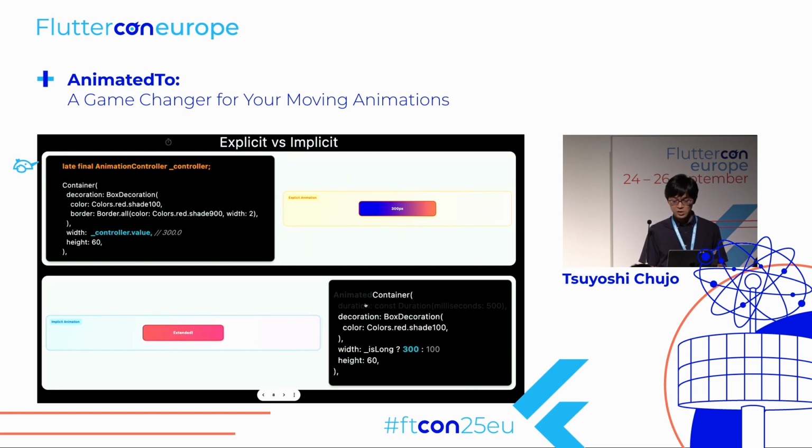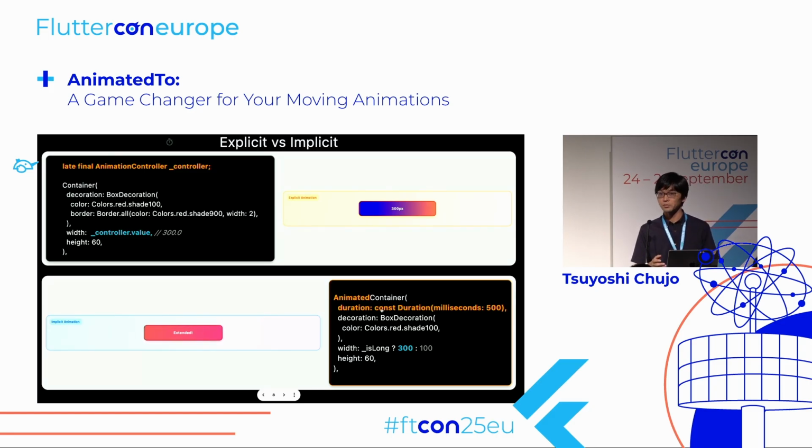If I change the container into an AnimatedContainer with the configuration of the duration, now it animates without any other configuration. That is implicit. In implicit animation, we don't have to write configuration or imperative operations for animations. All of the things are done in AnimatedContainer or some other animated widget. So we don't have to write a lot of things. It's handy.